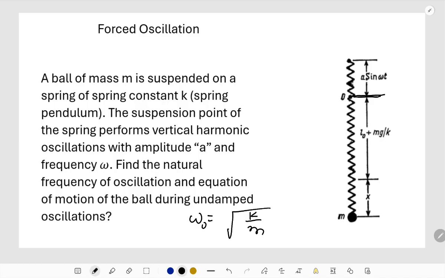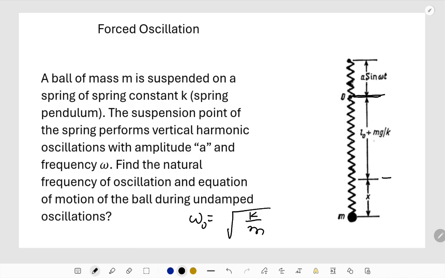Its amplitude and omega were given, and it was initially at its equilibrium position. So at any time t, its displacement can be simply written as A sine omega t. And this is the equilibrium position of this ball of mass m. And this is L naught.